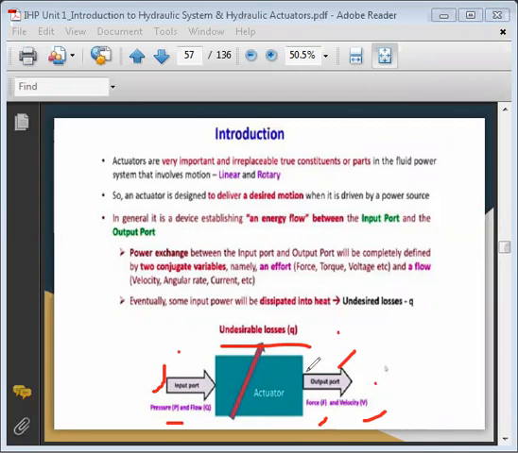Now I request you all, please write down the definition of actuator.